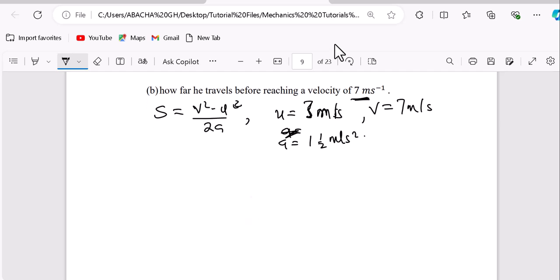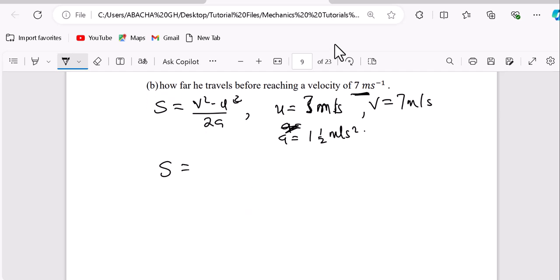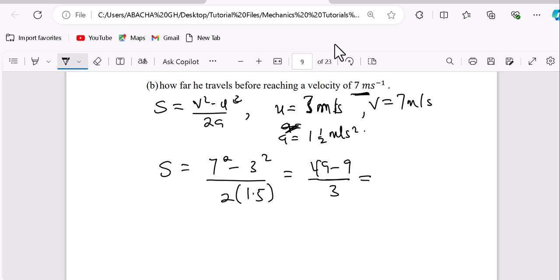Doing your substitutions, we have s equal to the final velocity 7 squared minus initial velocity 3 squared, all over 2 times 1.5. So 49 minus 9 all over 3.